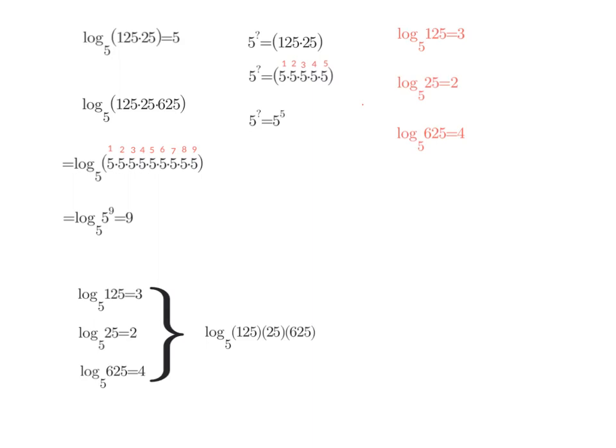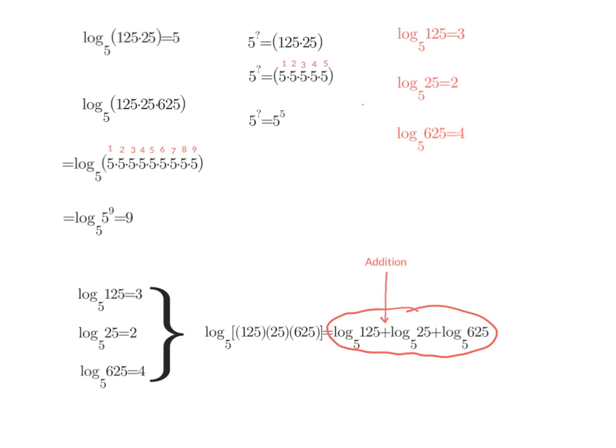Well, that's just going to equal the log base 5 of 125 plus the log base 5 of 25 plus the log base 5 of 625.